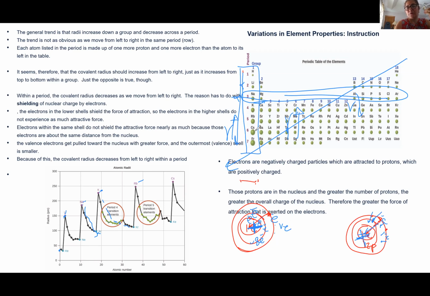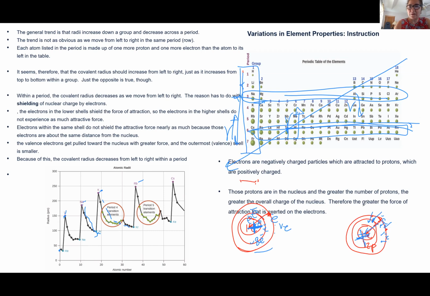But going from the left side, from metal to non-metal, the attraction is happening in the same energy level, so there is no added shielding from an inner level. Everything is added to the same energy level. At the same time, the power of the nucleus is increasing, so the size of the atom is decreasing.